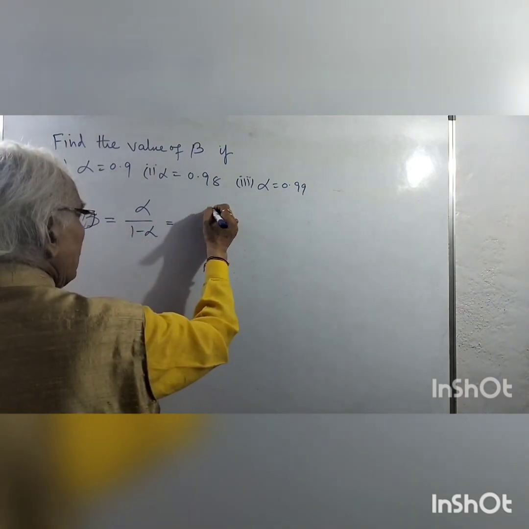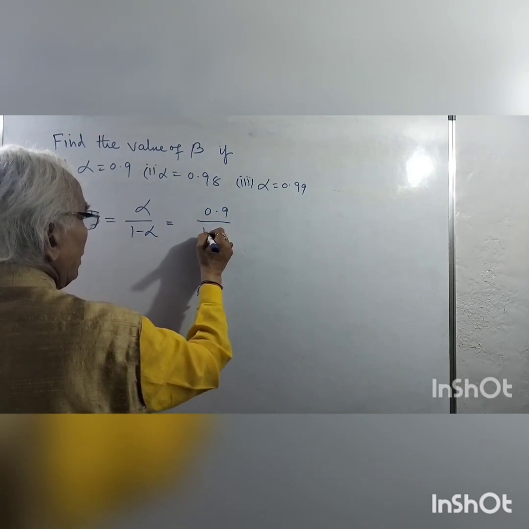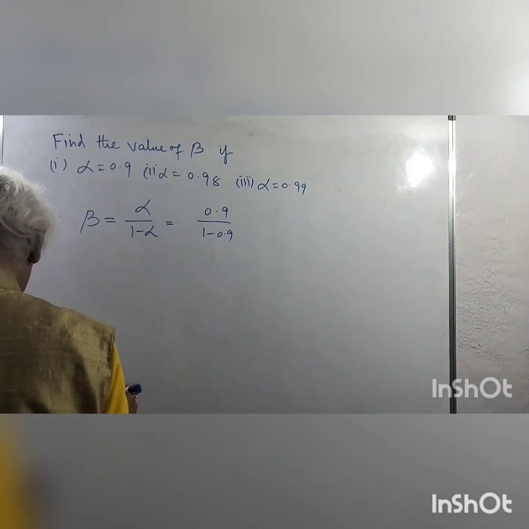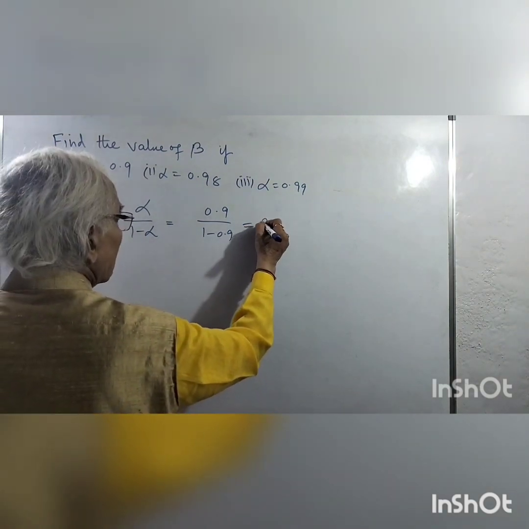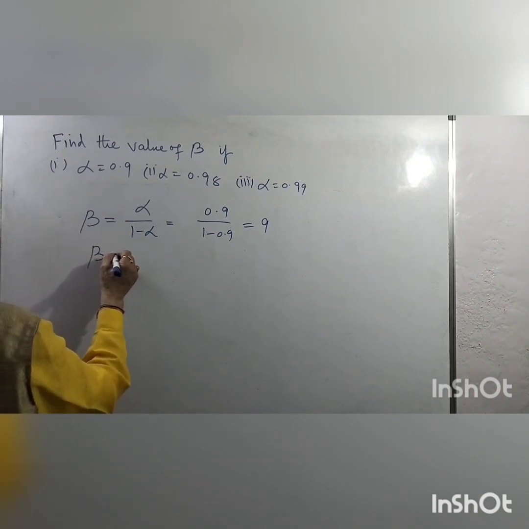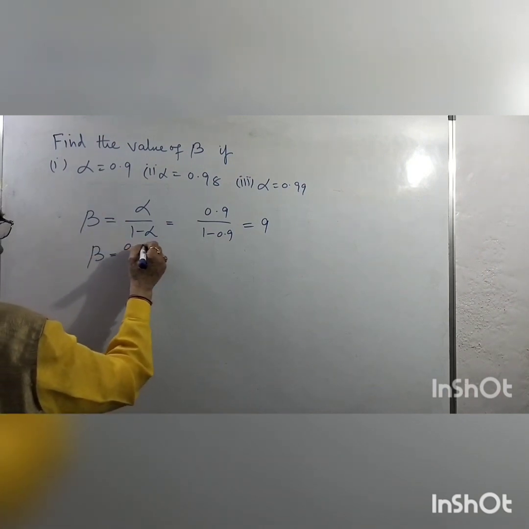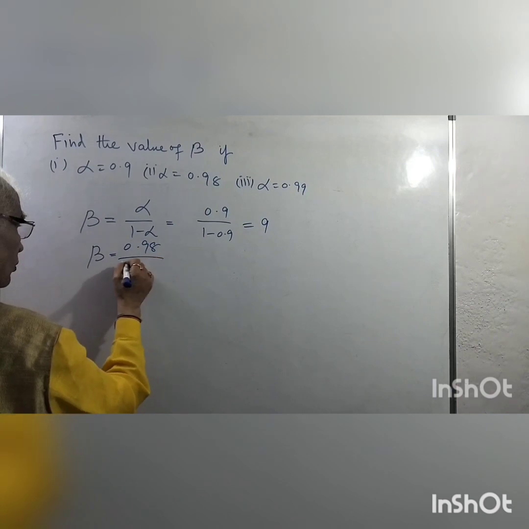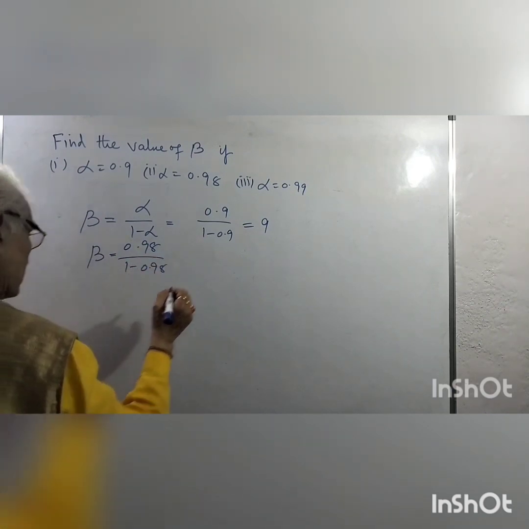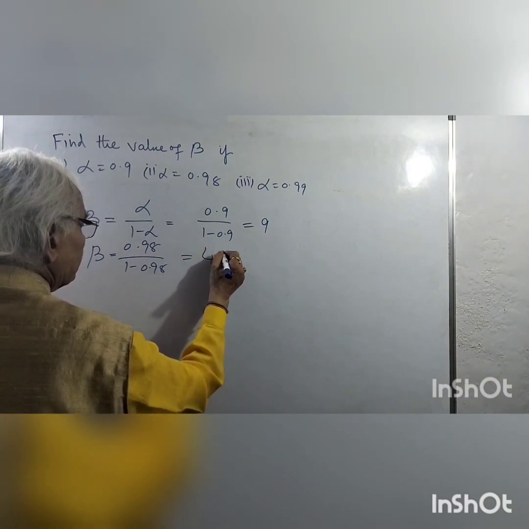So 0.9 upon 1 minus 0.9. This is for first part, and we get the answer is 9. Beta is 9. For second part, beta is equal to 0.98 divided by 1 minus 0.98. Well, this is about 49.